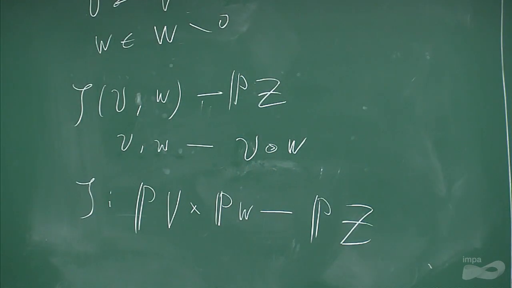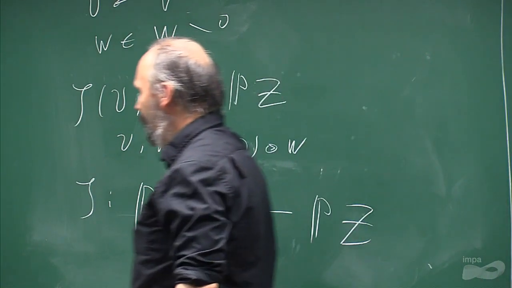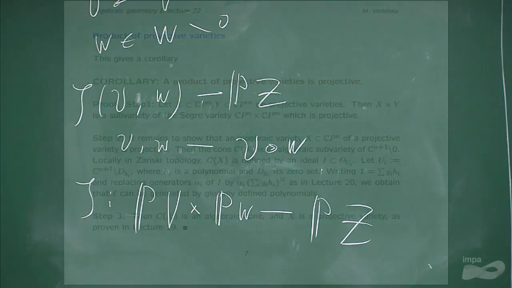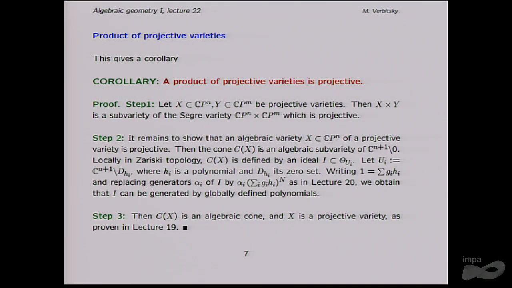And this gives us a corollary which is sort of expected. Corollary: if you have X and Y projective, then X times Y is also projective.